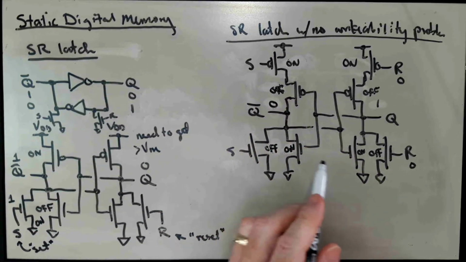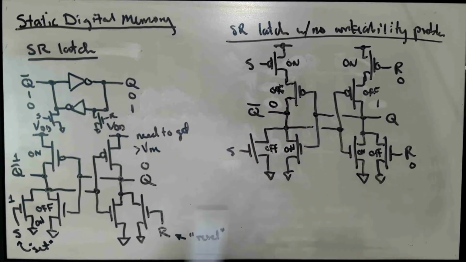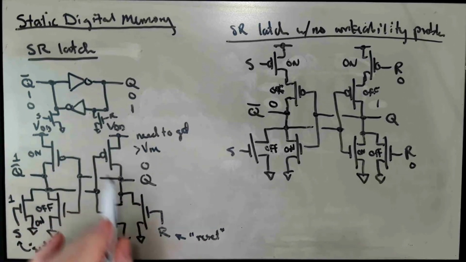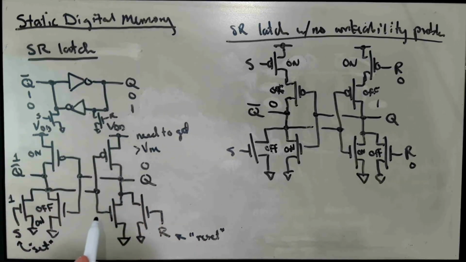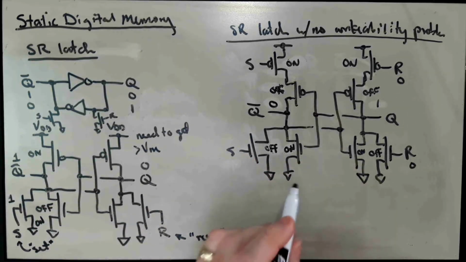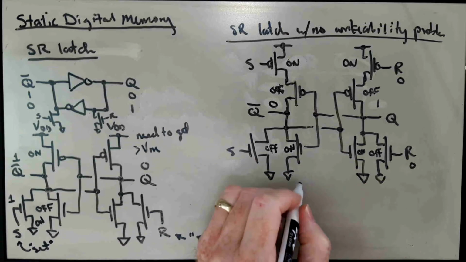And so this is a latch. It's obviously slightly more complicated by the addition of these two extra transistors over this version, which has the writability problem. But this is now something that we can draw in the following way.